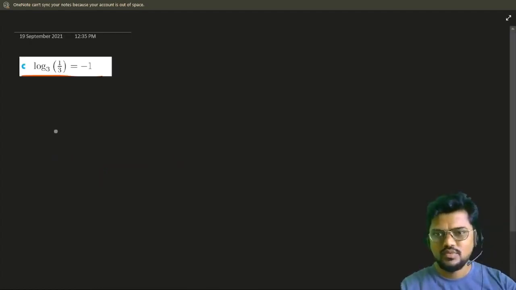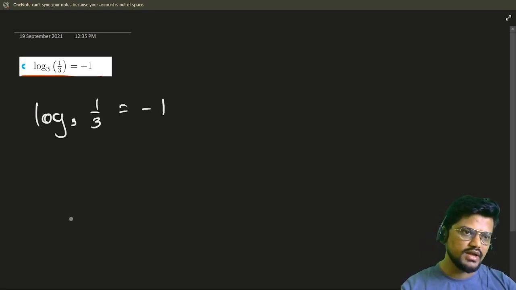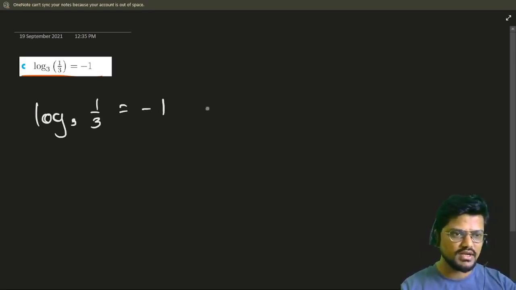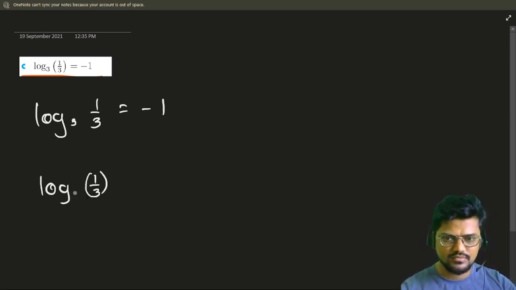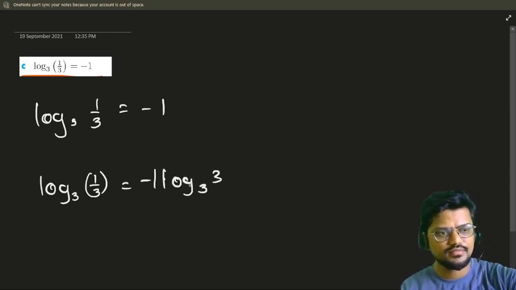See, what is given? Log of 1 by 3 to the base 3 equals minus 1. To write in the exponential form, what I need to do, I will take log 3 to the base 3 on the right hand side. Minus 1 is there, log of 3 to the base 3.